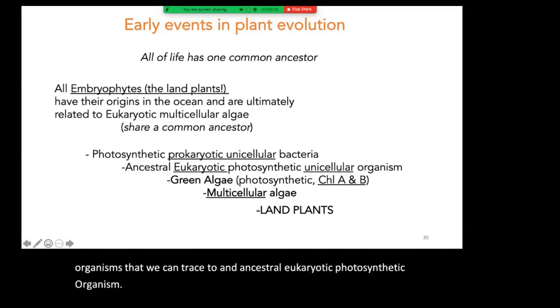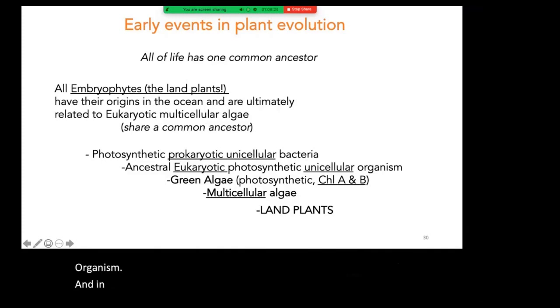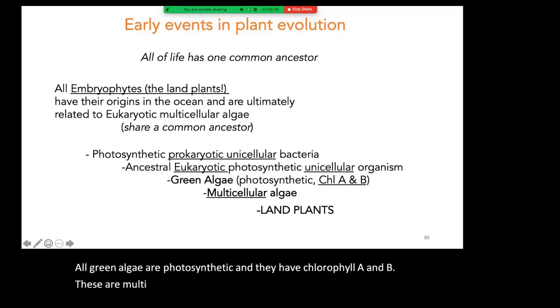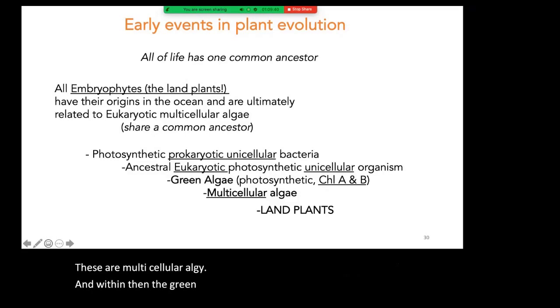In particular, within the green algae, all green algae are photosynthetic and they have chlorophyll A and B. These are multicellular algae. And within the green algae, we find a group that is most closely related to the land plants.